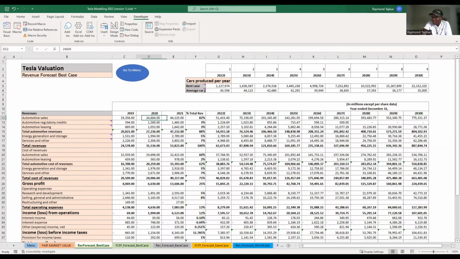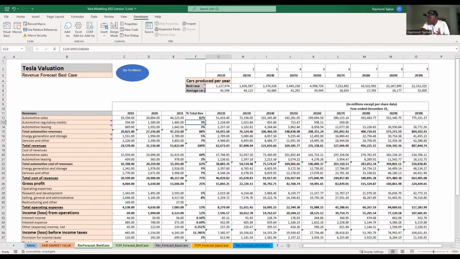Now, for the second line of the revenue statement, which is the automotive regulatory credit, I made the assumption that this revenue line cannot be a source of revenue that the company can rely on, because it is highly likely that as we move into the future, and I made a specific assumption that by 2028, the revenue from the automotive regulatory credit will be zero, as the remaining car manufacturers align themselves with the demand of the regulator.